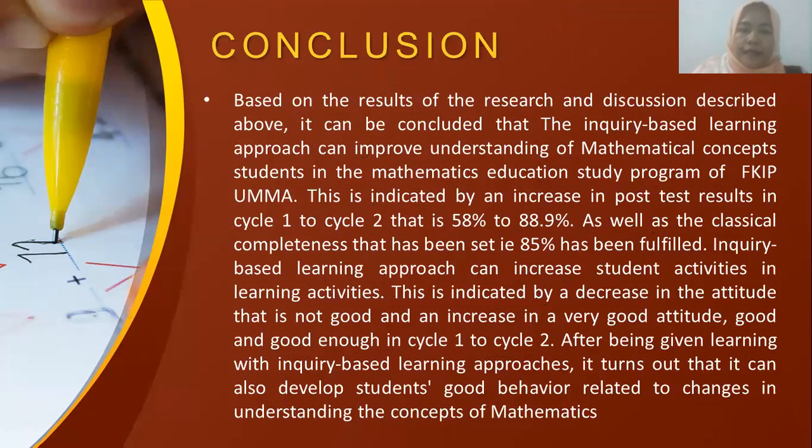This is indicated by an increase in test result in cycle 1 to cycle 2 that is 58% to 88.9%, as well as the classical competence that has been set, 85%, has been fulfilled.